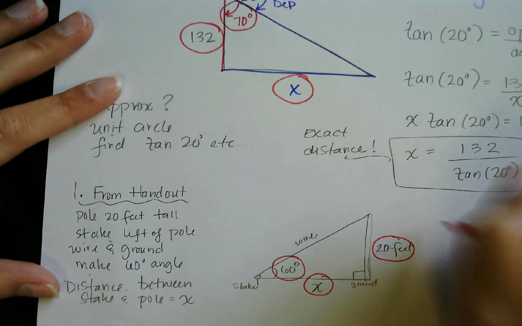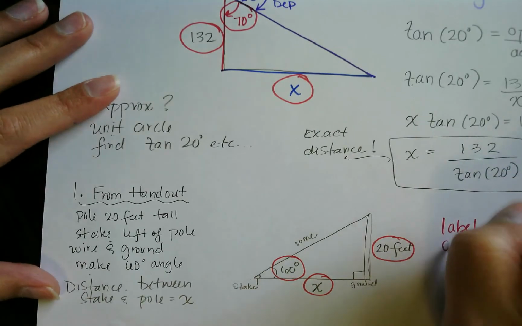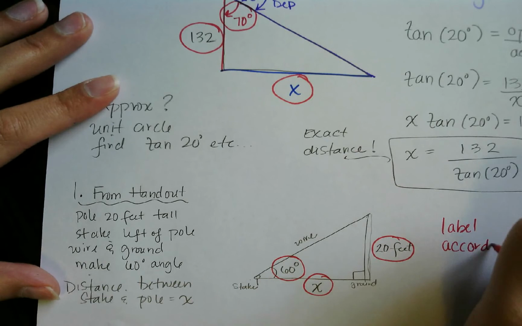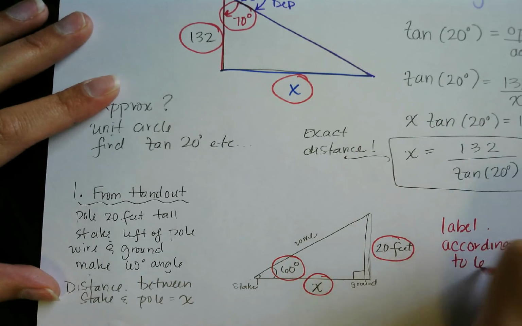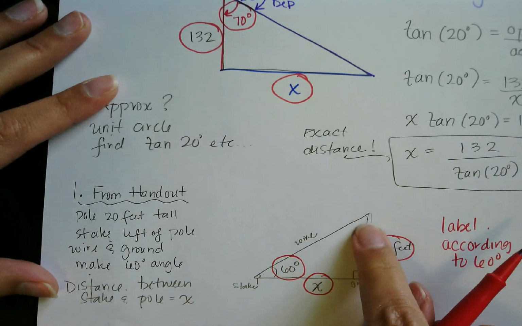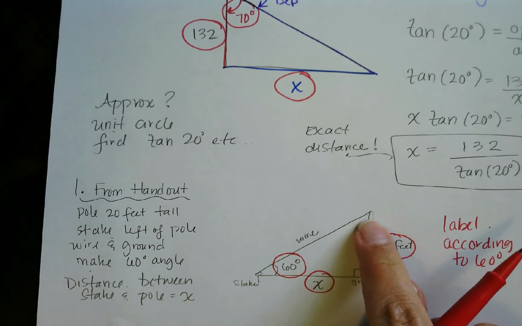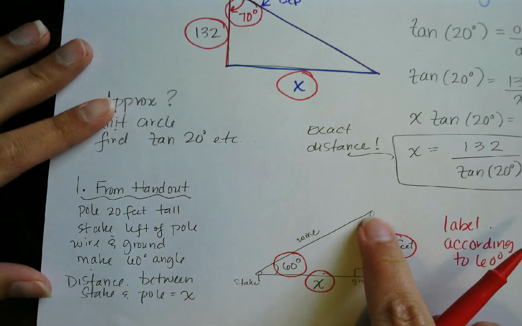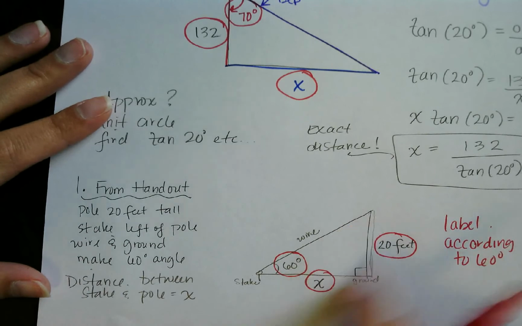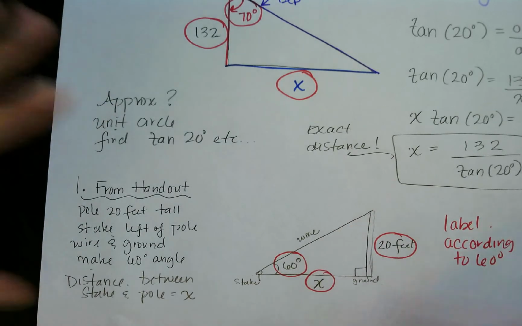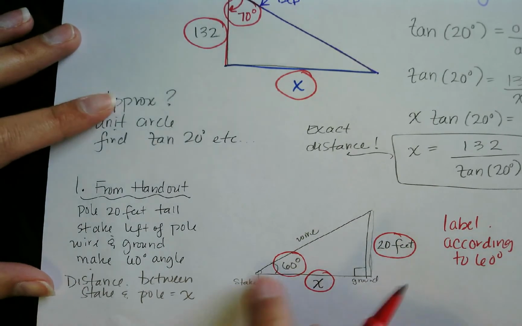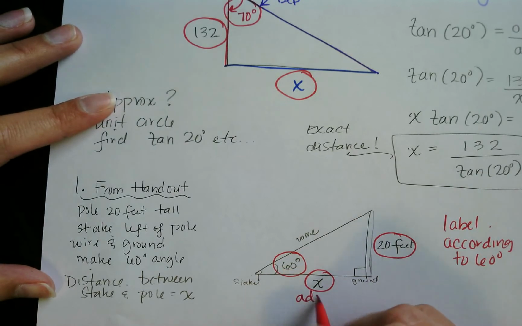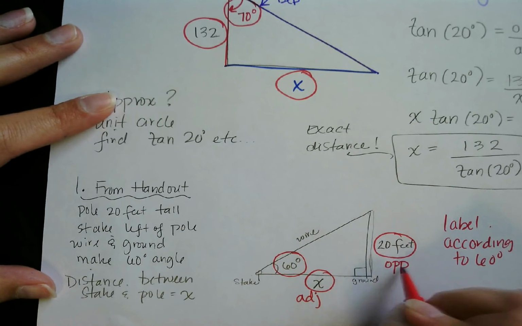So now let's label according to the 60-degree angle. Now, could you find this other angle? Yes, it's 30 degrees. It's got to add up to 90. Somebody's going to be special and find the 30 and use that. I don't care what you use. Do whatever you want. I'm just going to use what I already have. So according to the 60, this is my adjacent side, my X, and my 20 feet is my opposite side.